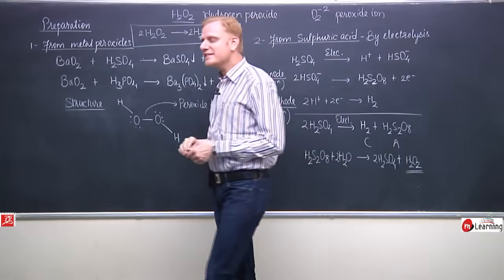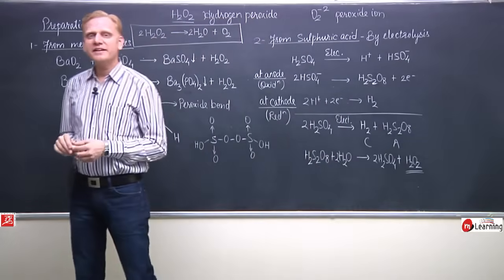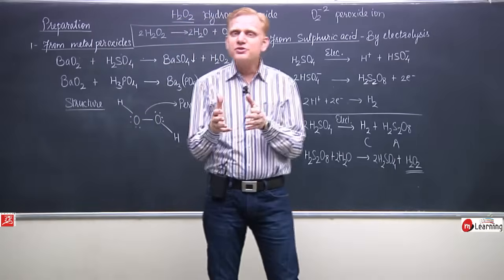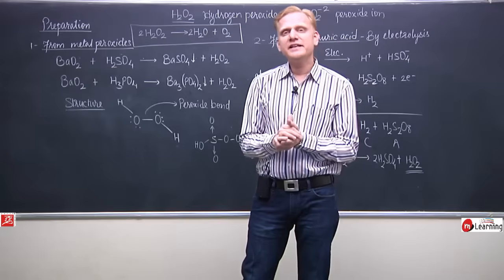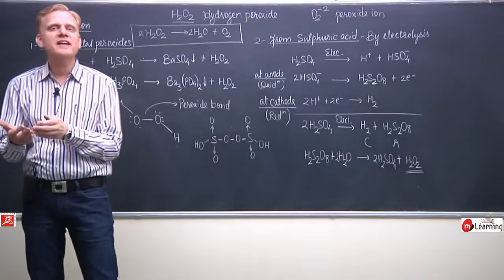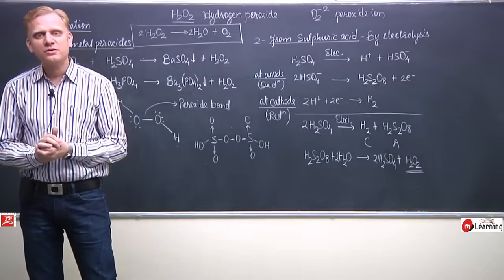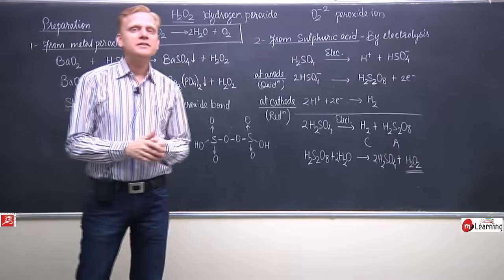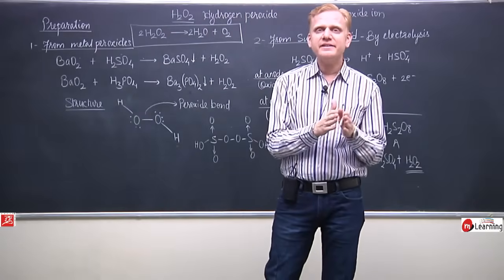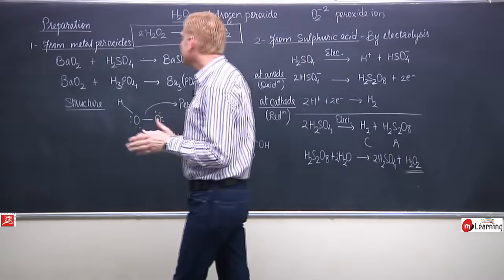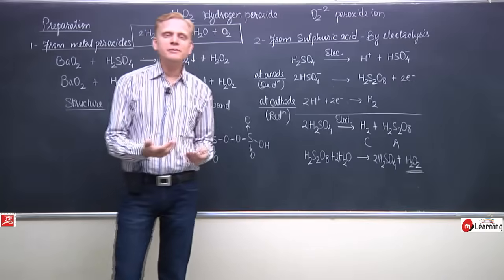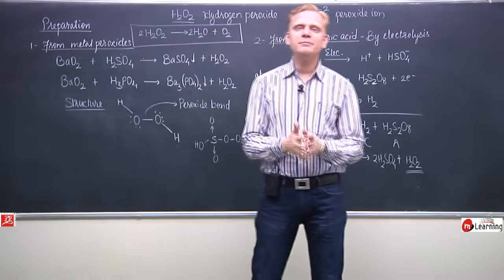And one more thing is there. If the decomposition of hydrogen peroxide is to be prevented, then some polyhydroxy compounds are usually added at the time of storage of hydrogen peroxide. Now what exactly will be the role of that polyhydroxy compound?